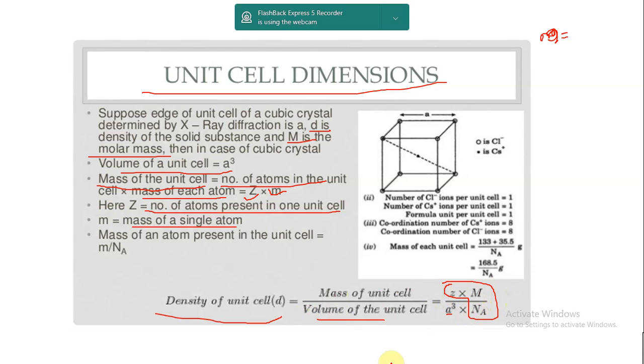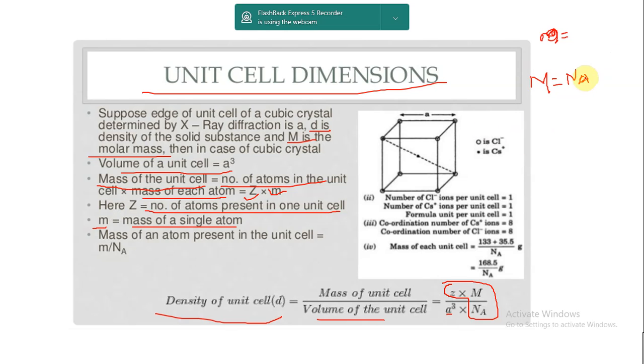Now you see, first, this small m is the mass of a single atom. And what is capital M? Capital M is molar mass. What is molar mass? Mass of Na number of atoms. Na means Avogadro number, that is 6.022 into 10 to the power 23 atoms. So M equals the mass of Na number of atoms.